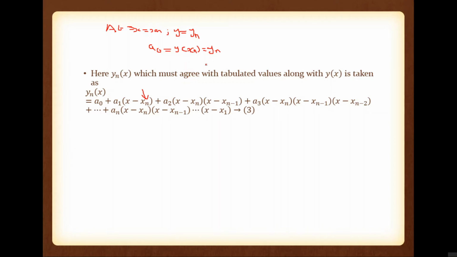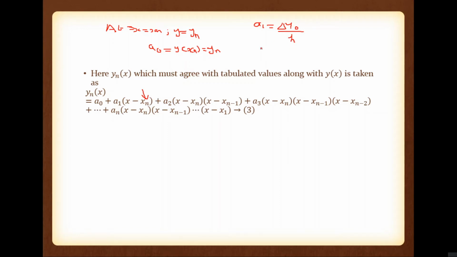In Newton's forward interpolation formula, what is a1? a1 is equal to delta y0 divided by h.